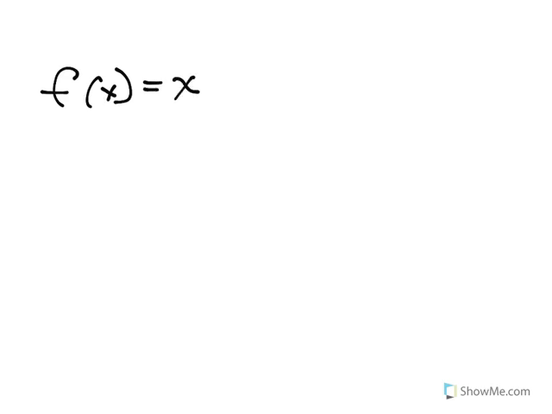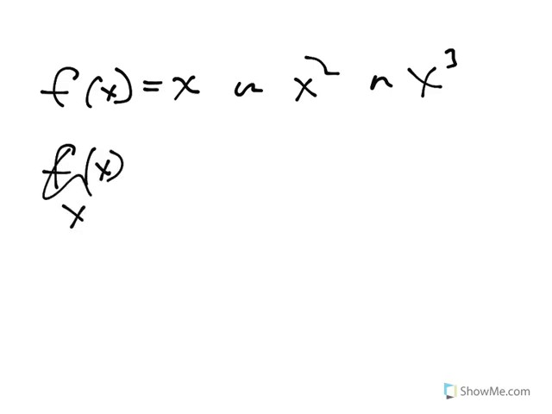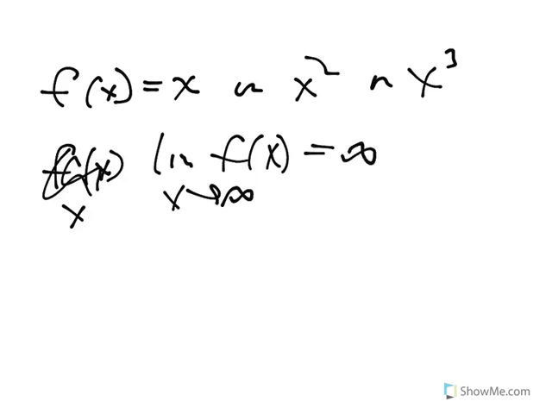If it's a polynomial function, you know, x squared or x cubed, something like that, in that case, the limit of f of x as x goes to infinity will be infinity.